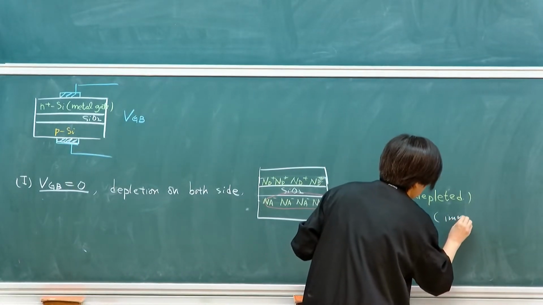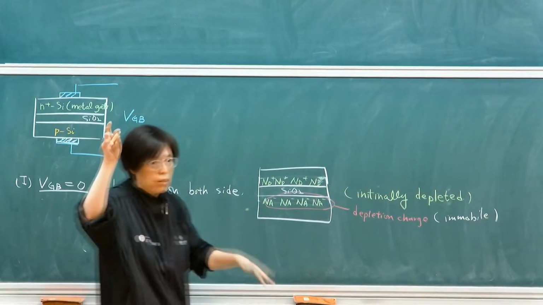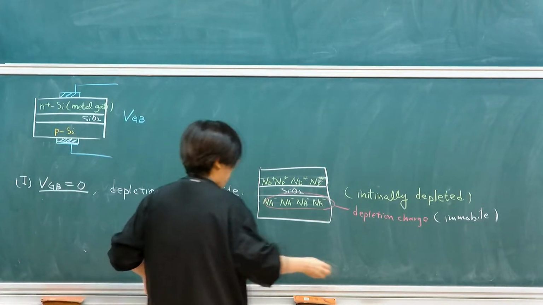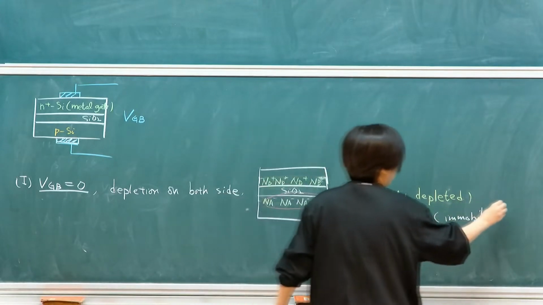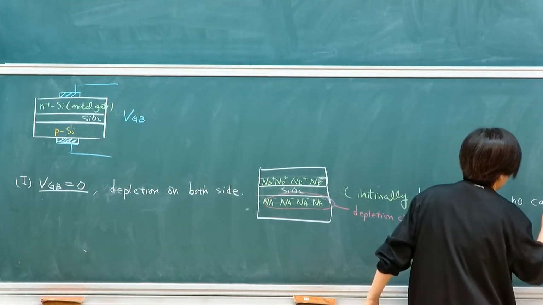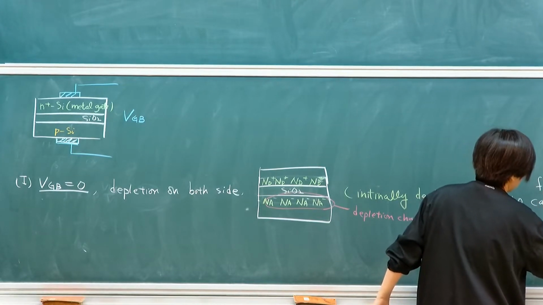They are covalently bonded with other atoms; even though they contain charge, it's not movable. They're not free carriers. So you expect no carriers, no free carriers in the channel.